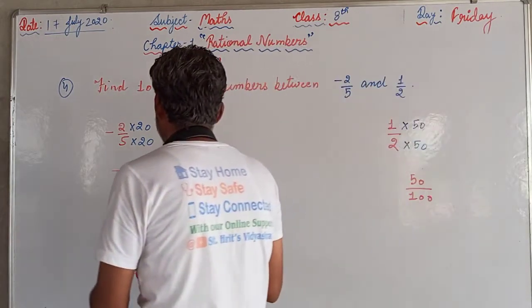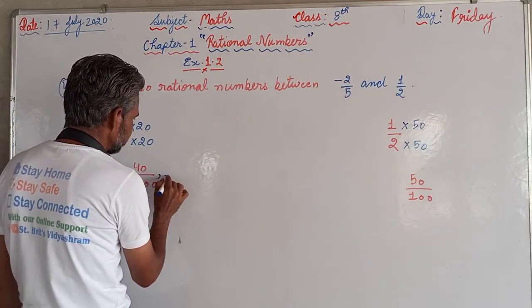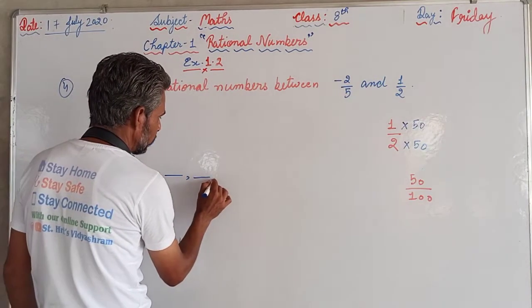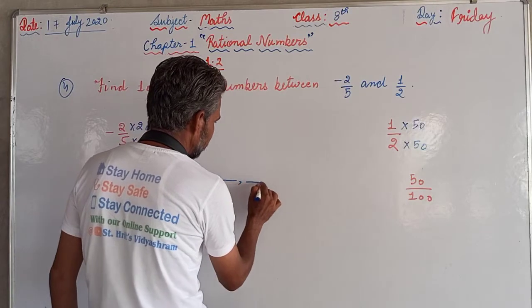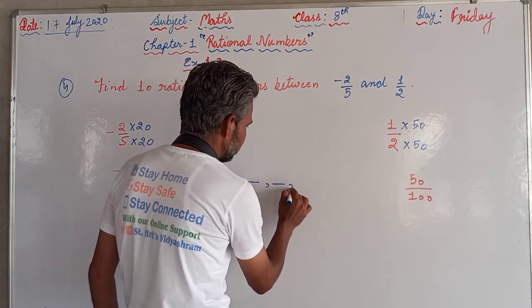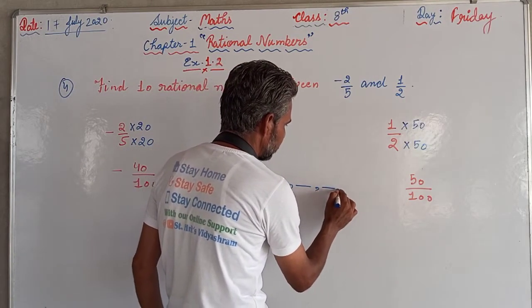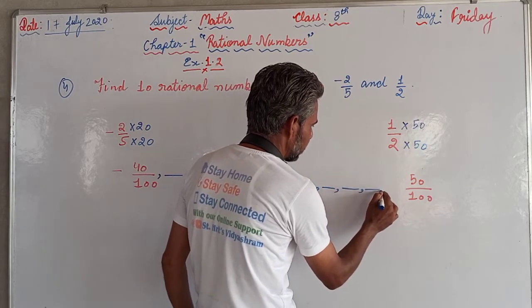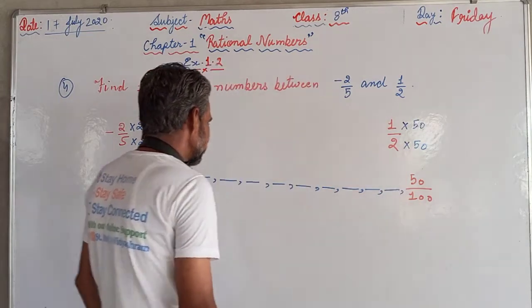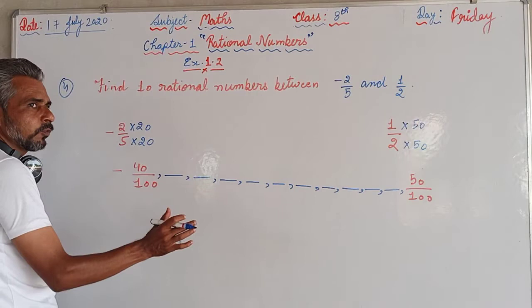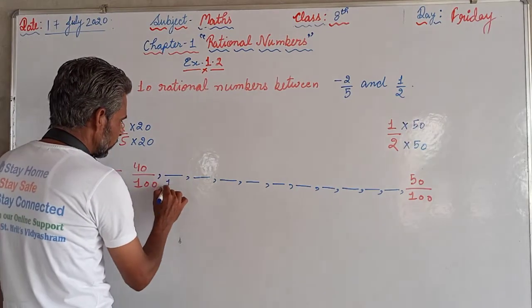We are supposed to write the 10 rational numbers between them. 1, 2, 3, 4, 5, 6, 7, 8, 9 and 10. The main thing is that the value of q will be the same in all the numbers, 100.